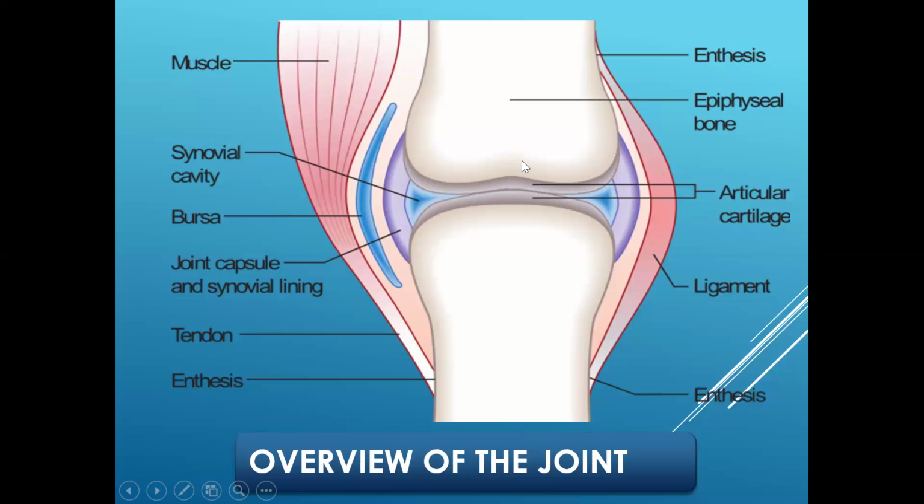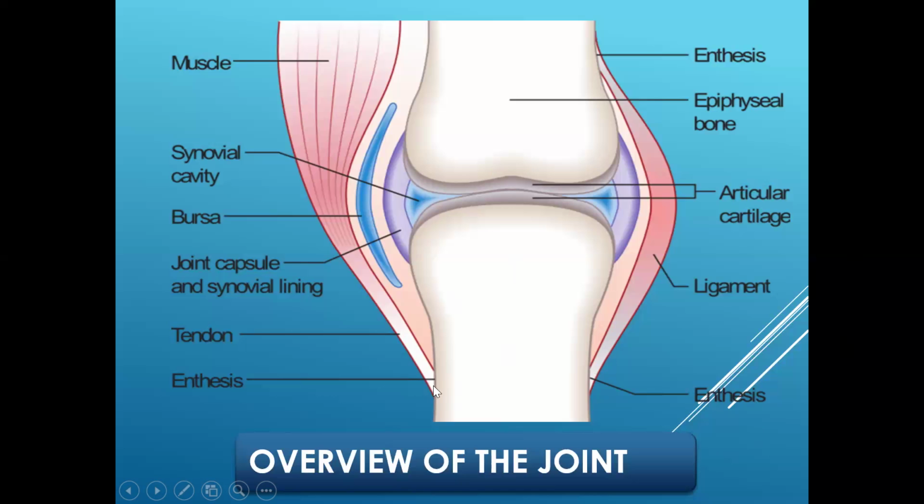Okay, so another structure in this joint is the enthesis. What's the function of the enthesis? The enthesis is the site where a tendon attaches to the bone.